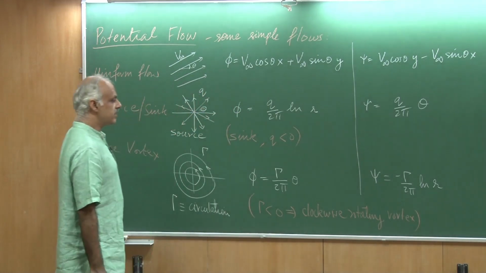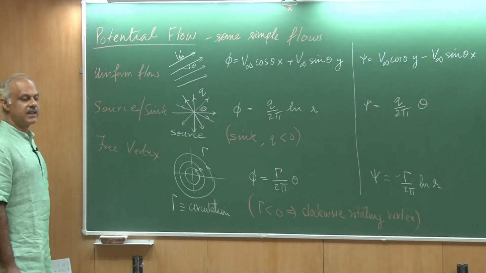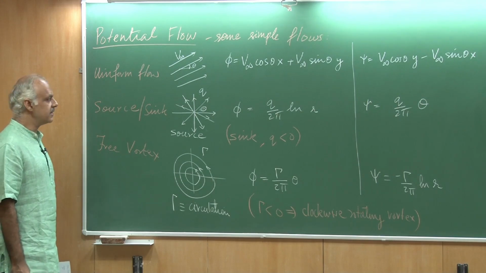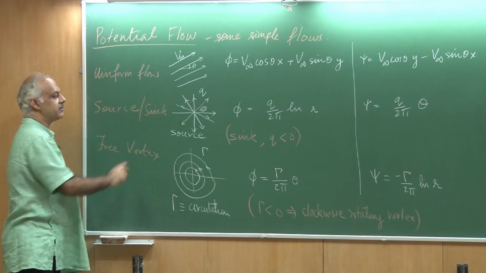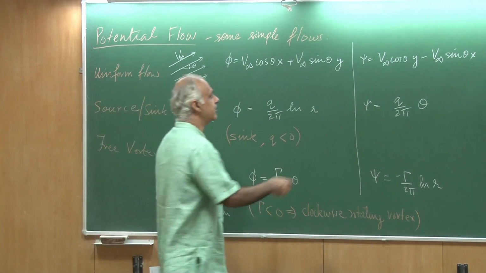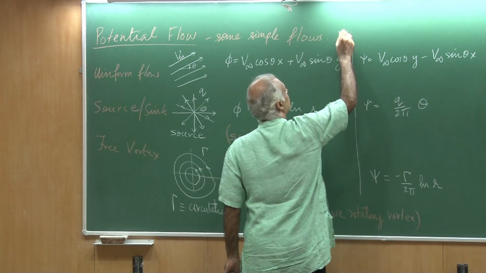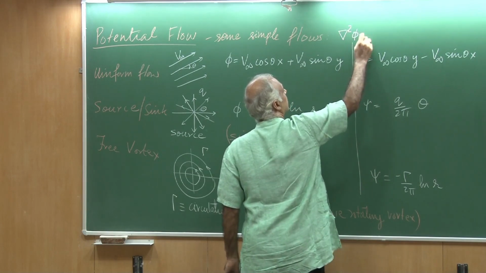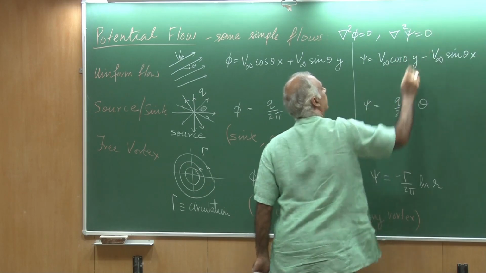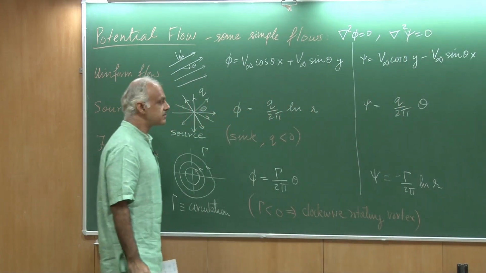Okay. So these are the three building blocks that we have seen, and now because we are allowed superposition, because each one of them is a solution to the governing equation, and let me remind you what the equation is. It is del square phi is 0 and del square psi is 0. So the Laplace equation.